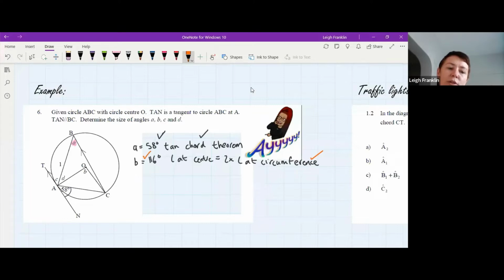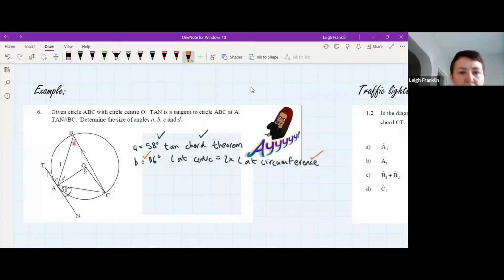So in other words, angle B is subtended by chord AC. So provided chord AC or arc AC subtends the angle at the circle, then B will always be twice of A. Okay, thank you very much. No problem. I'm glad you asked. Okay, so that's A and B done.